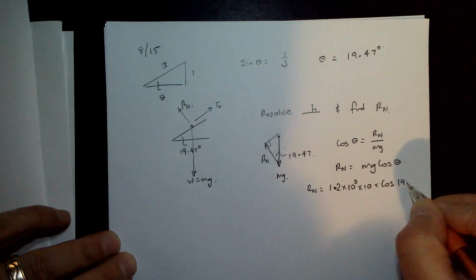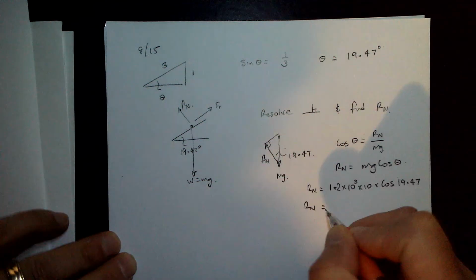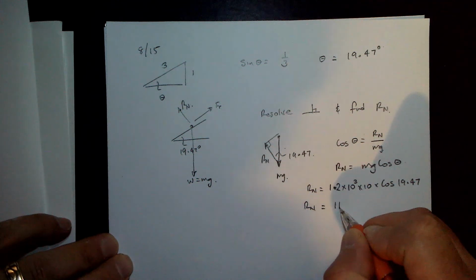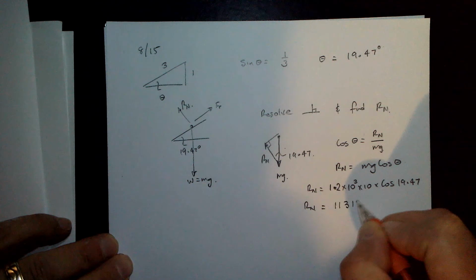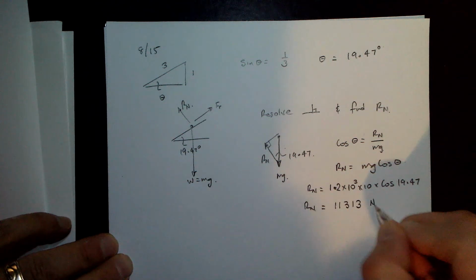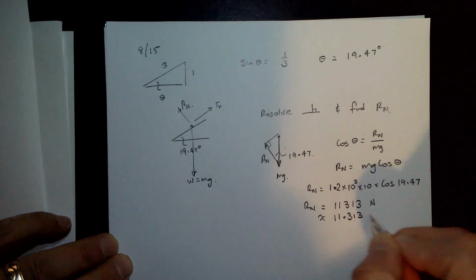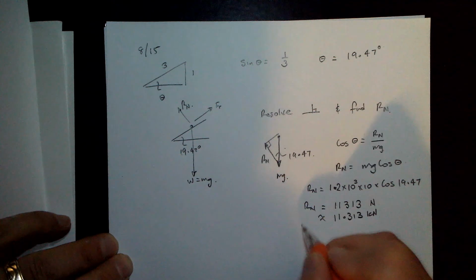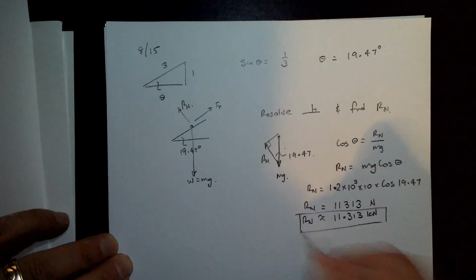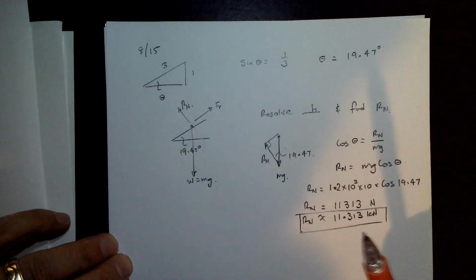So Rn equals 11313 newtons, and rounding that, 11.313 kilonewtons. So the normal force to that surface is 11.313 kilonewtons.